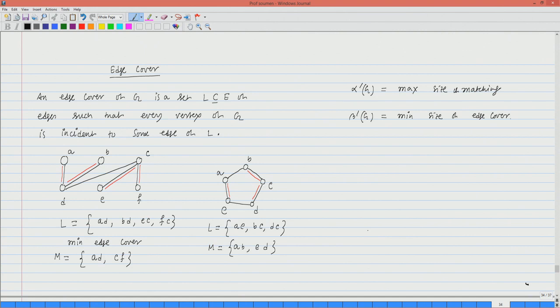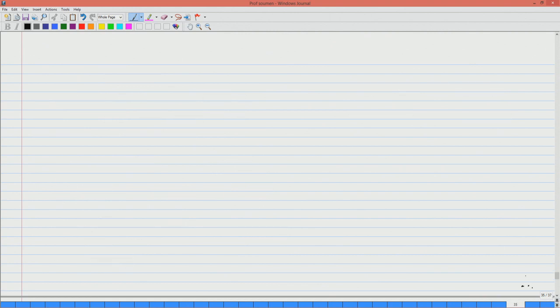Okay, so now we will prove one theorem connecting these two sizes.